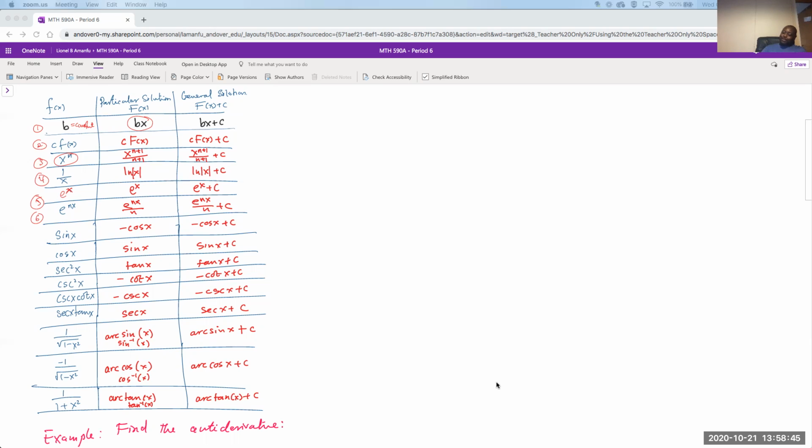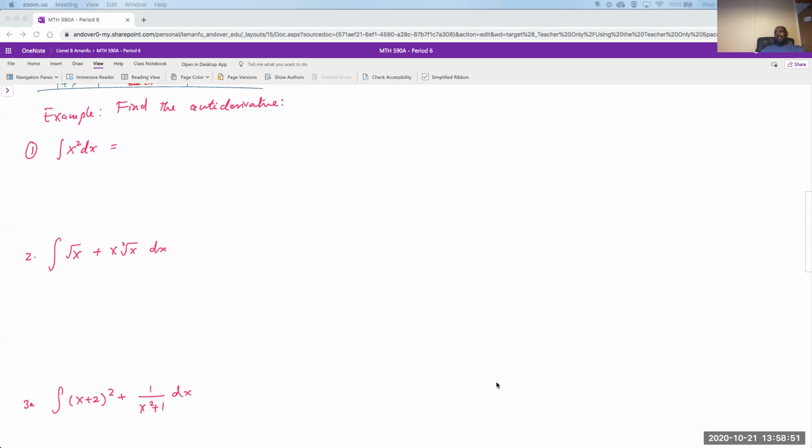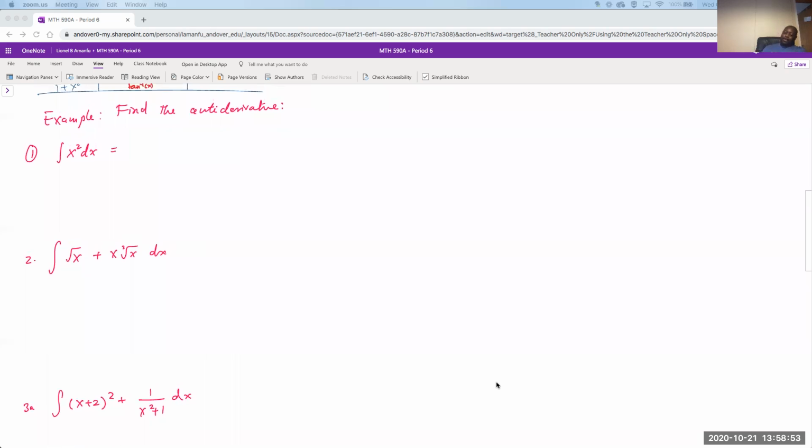All right. So the best way to do this is to go through some examples. So let's try and see if we can go through a couple of these examples and see if it makes sense to you. Okay. So I'm always going to apply a technique when I'm integrating, right? If you do a problem without realizing, okay, I just did this without any technique, you're on the wrong track. Okay. So when I look at the first question, it says, find the antiderivative of x squared.